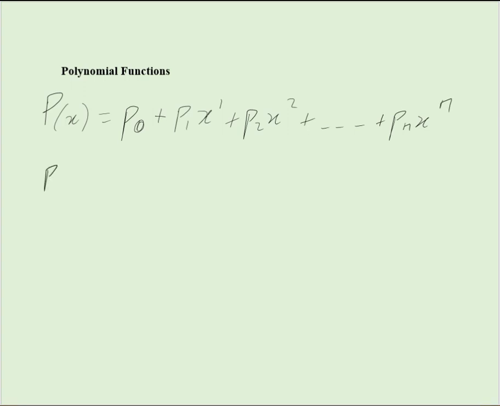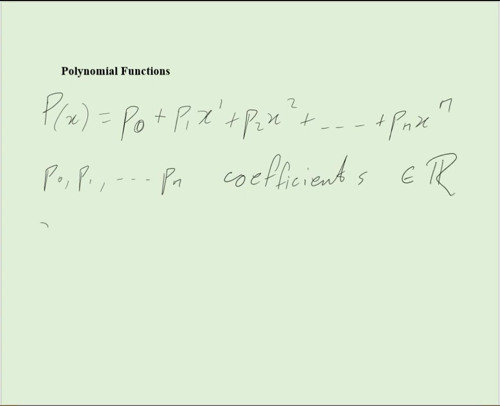The p naught, p1, and all the other p with subscripts are the coefficients of the polynomial. If we're dealing with a real polynomial, these coefficients are real numbers.